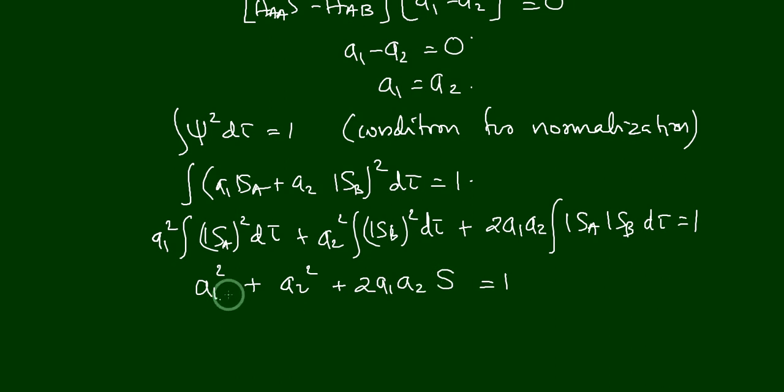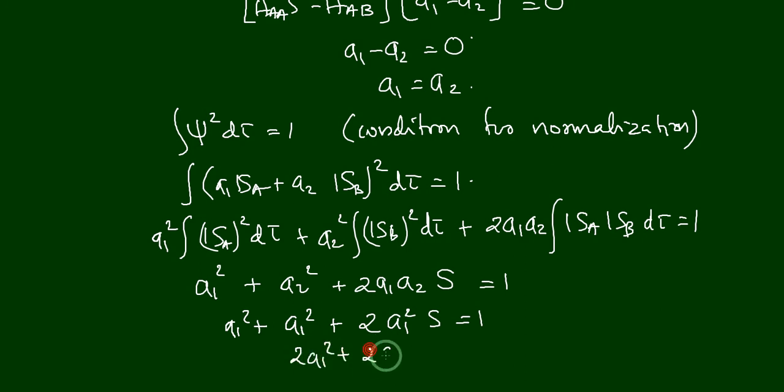Then we already know that a1 is equal to a2. So we can write a1 squared plus a2 squared as a1 squared plus a1 squared, and 2a1a2 is 2a1 squared, so 2a1 squared plus 2a1 squared S is equal to 1.